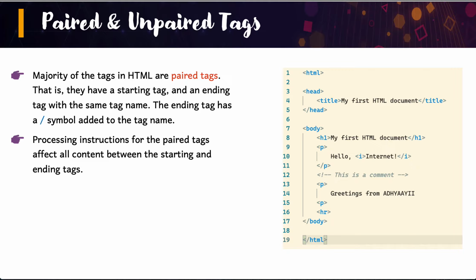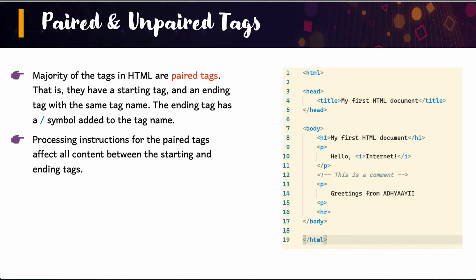So what it means is the client is to expect all the lines between 7 and 17, which means 8, 9 up to 16, all these lines are to be considered body. So any instructions that are to be followed for a body tag are to be applied between 8 and 16, inclusive of all of those lines.